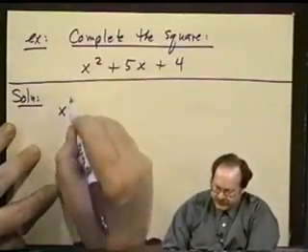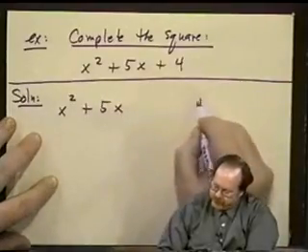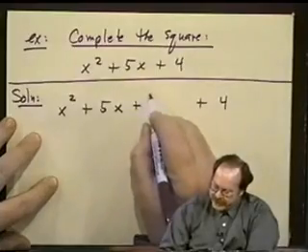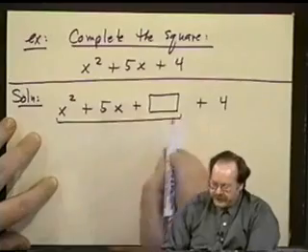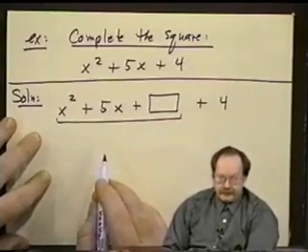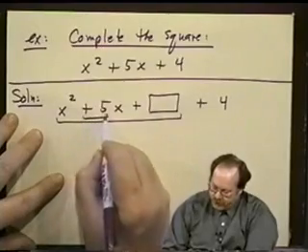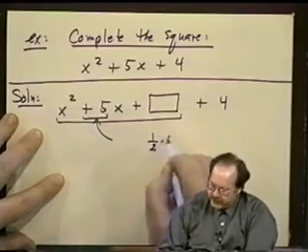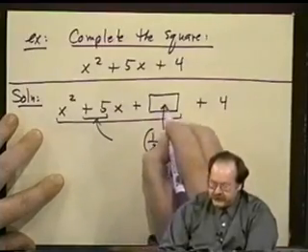All right, let me explain what I'm doing. x squared plus 5x, and I'll put the 4 way over here. Okay? What I want to do is add in here the right number to make this part a perfect square of a binomial. Now, how do I do that? Here's the technique. You look at the coefficient of x, and what you do is you take 1/2 of that coefficient, so 1/2 of 5, you square it, and you put it in the box.